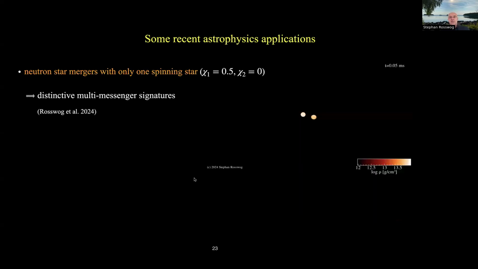And then coming to some recent astrophysics applications. This is just one example where we looked into mergers of two neutron stars with only one spinning star.